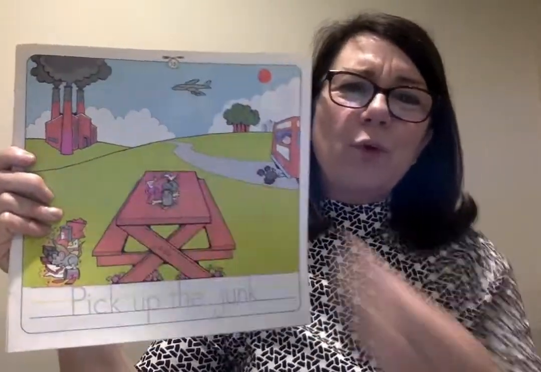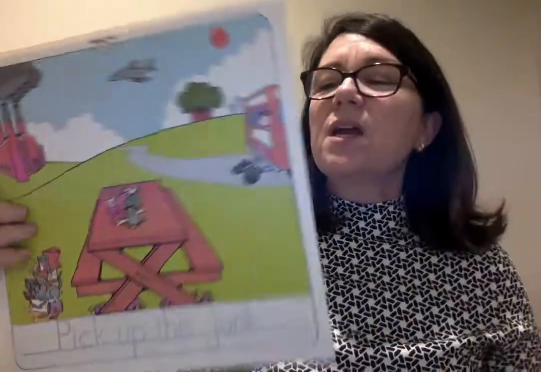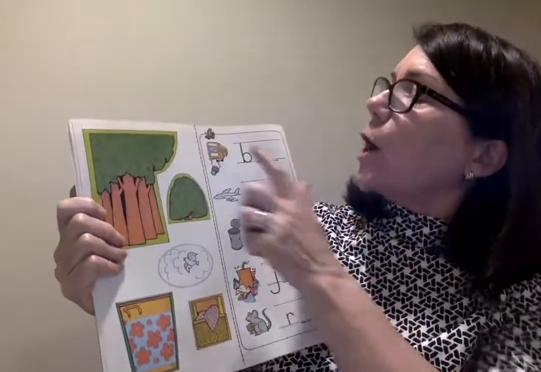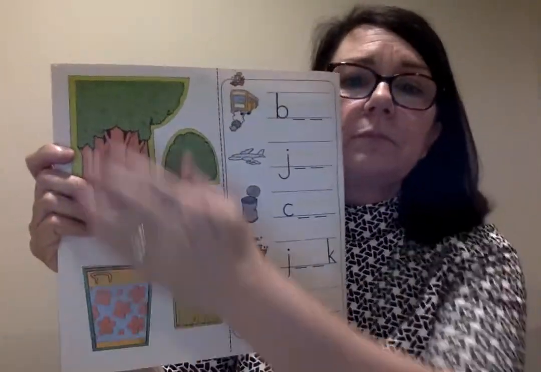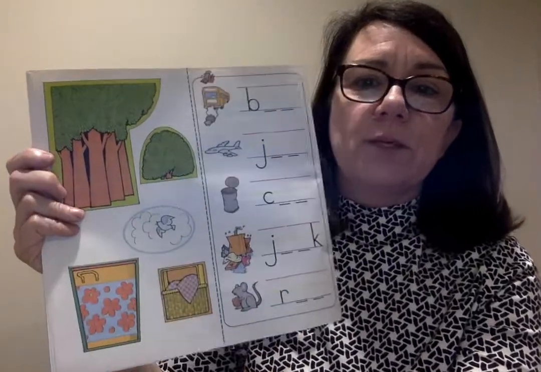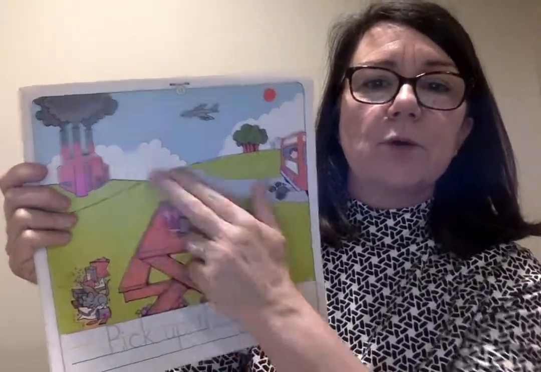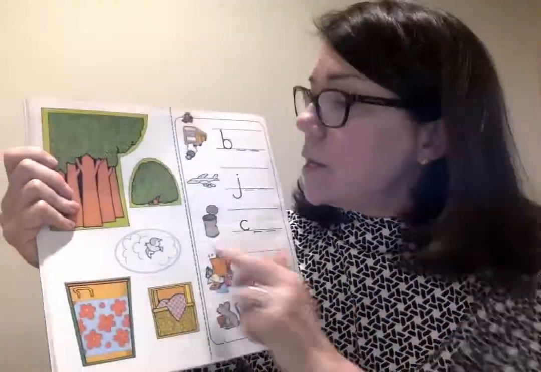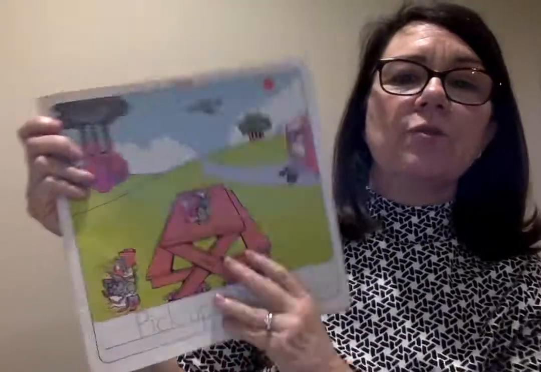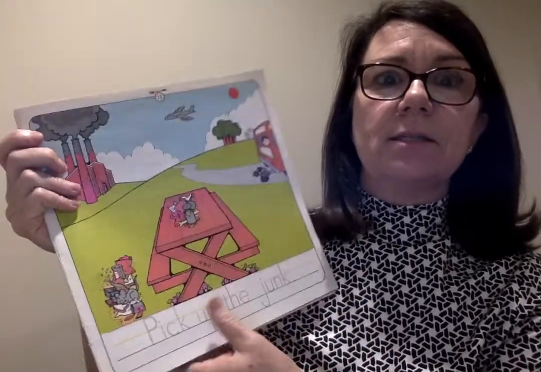But we can't really pull those things off the page, can we? If you look back on page 14, you'll see some items that we can cut out to cover up. The big trees are going to cover up our big smokestack. The small bush goes over the exhaust from our bus.